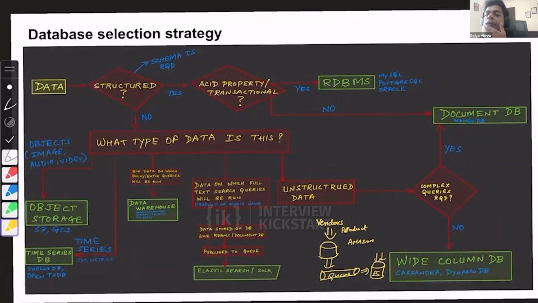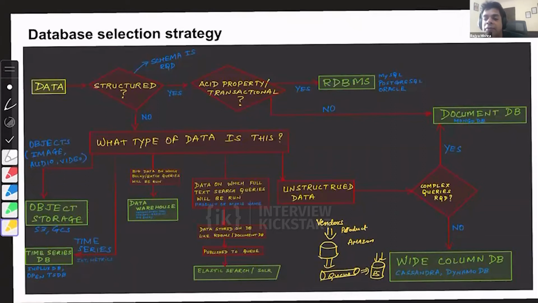Looking at Subodh's question, how to identify which particular database to choose? For example, NoSQL or DynamoDB. When you're talking about NoSQL, MongoDB and DynamoDB, as we have already seen, they're different databases.